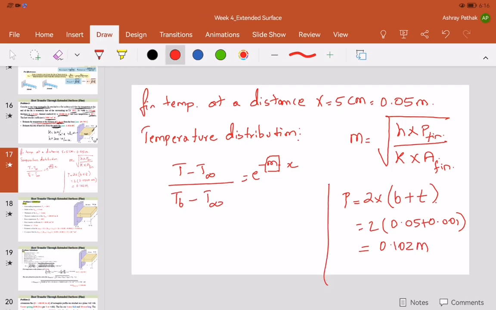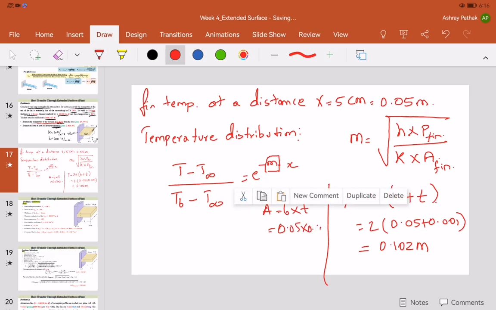And the area of the fin is breadth times thickness, that is 0.05 times 0.001.